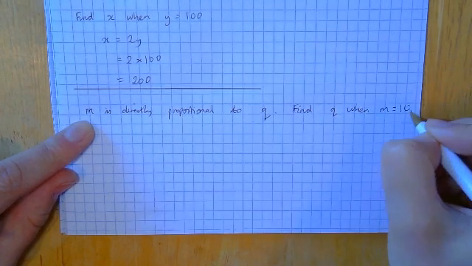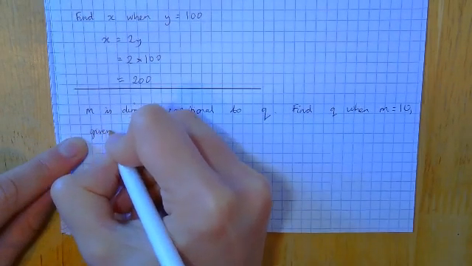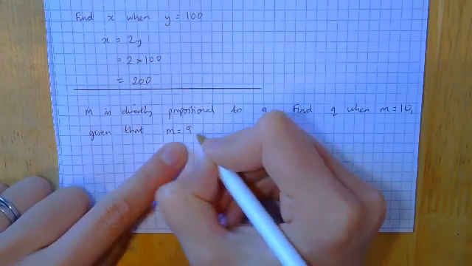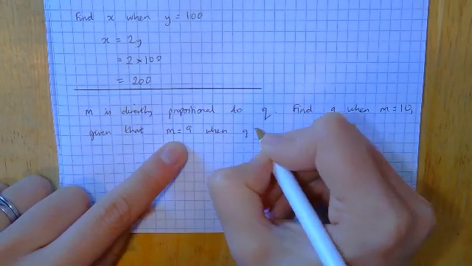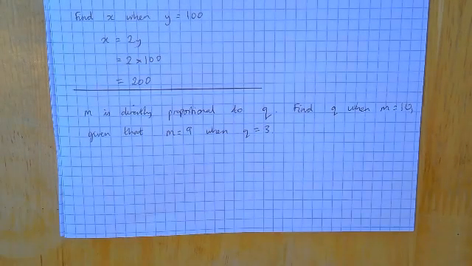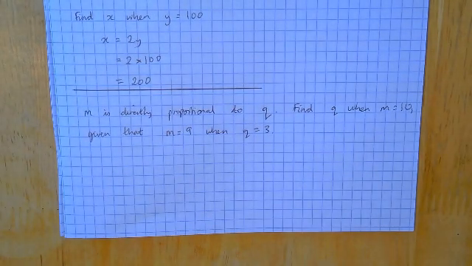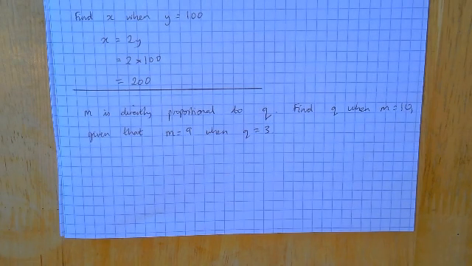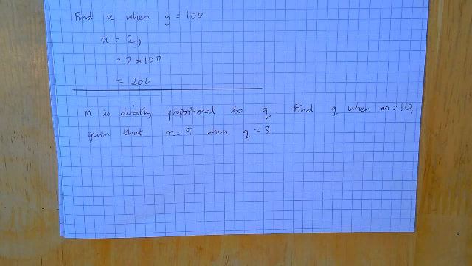Find q when m equals 10, given that m equals 9 when q equals 3. So it looks a little bit different to the last one. So m is directly proportional to q. Find q when m equals 10, given that m equals 9 when q equals 3.